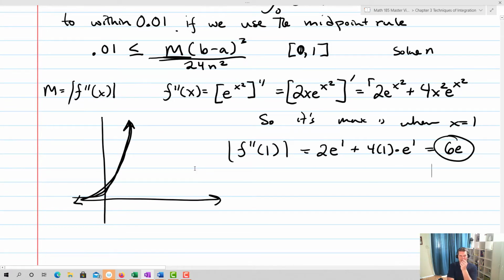Actually, now that I'm thinking about it, not only is it continuously increasing, its concavity is getting bigger and bigger because it's shooting upward. That's a key point, because we want to know when the second derivative is the largest. So you'll have to do that graphically, or you might have to use calculus. All right, so now we've got that M will equal 6e.